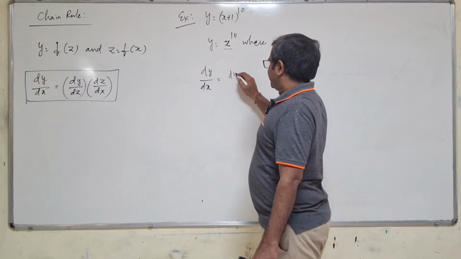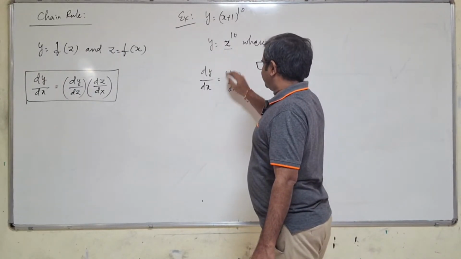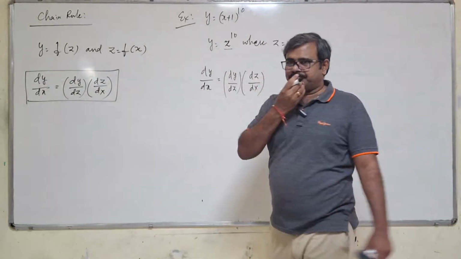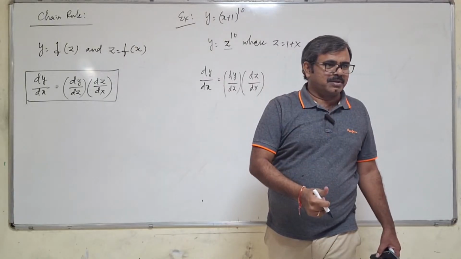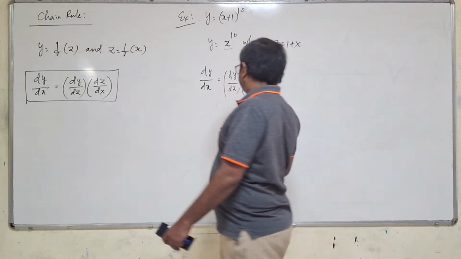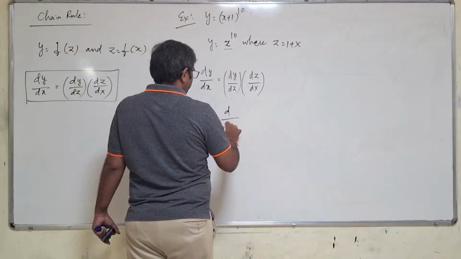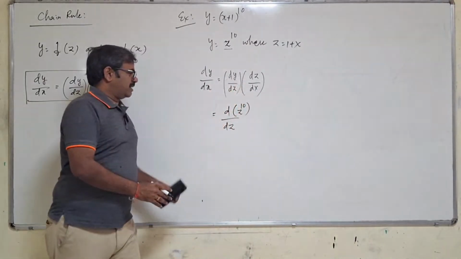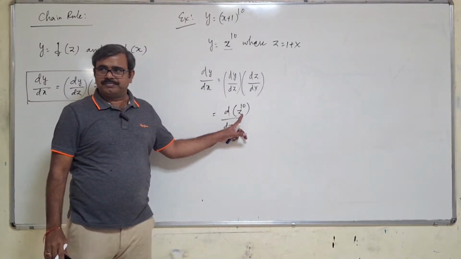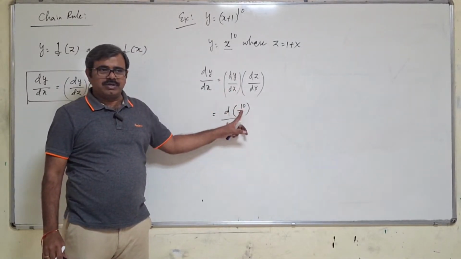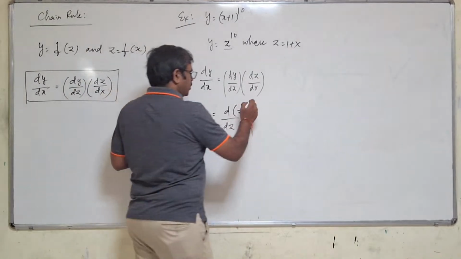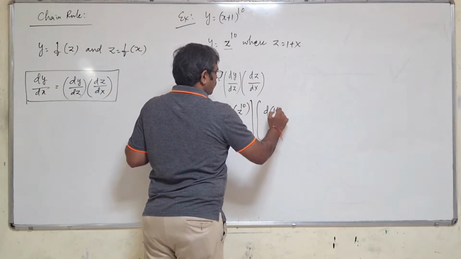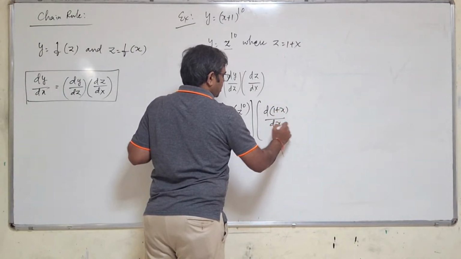dy by dx can be written as dy by dz into dz by dx. Are you following me? Now this is d by dz of, can I write in place of y, z power 10? Because y is equal to z power 10, into d (1 plus x) by dx.